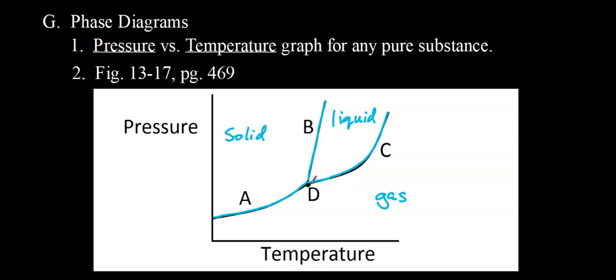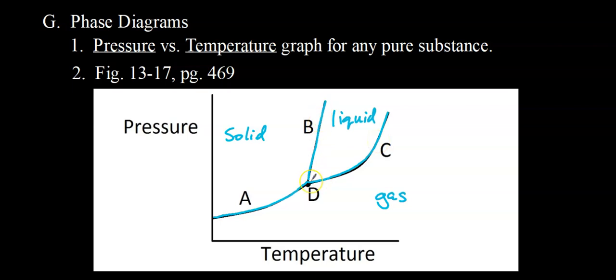Not only do these curves or lines represent equilibrium between two states of matter, let's take line C, for example. This also represents all the different boiling points of this substance. Remember, boiling point of a substance depends on pressure. So if you were to increase the pressure, the temperature at which boiling occurs will increase as well.